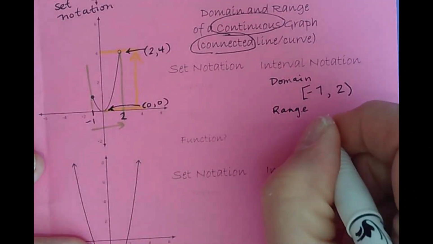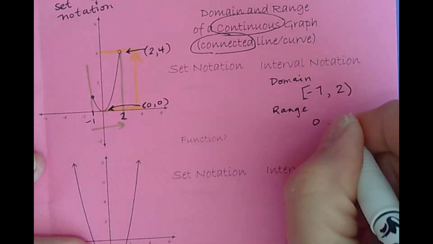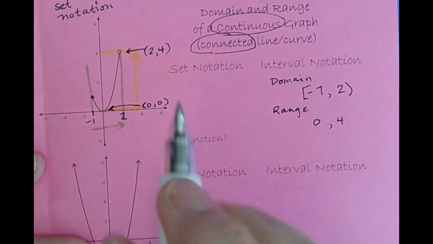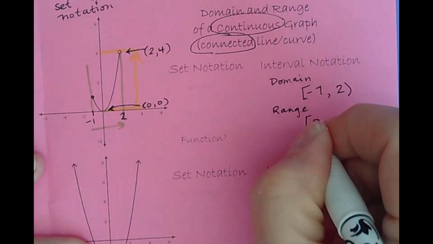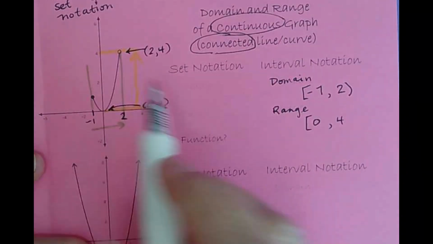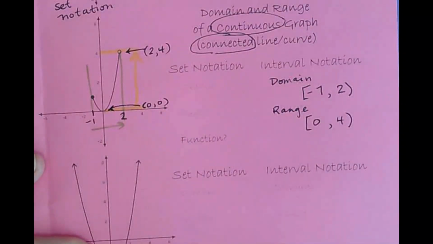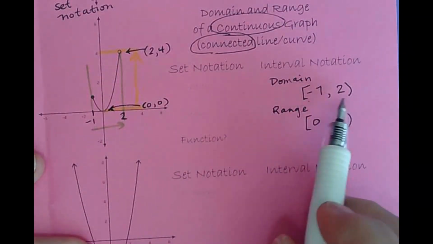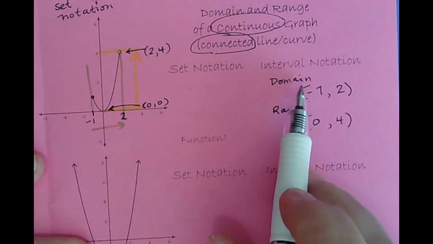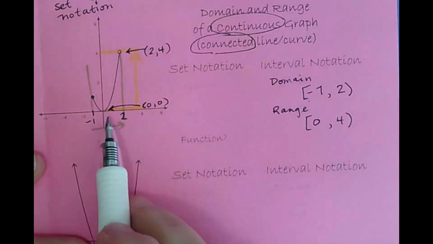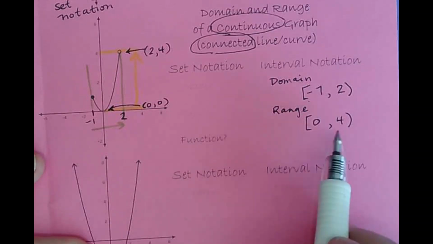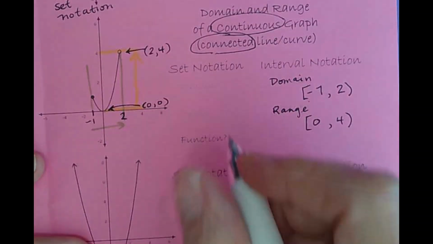So I write 0, 4. At 0, I have a solid curve, so I use a bracket. At 4, I have an open circle, so I use parentheses. These don't need to match each other. The left symbol goes with the left side, which is a number, and the right symbol goes with the right side. Okay? This is a function.